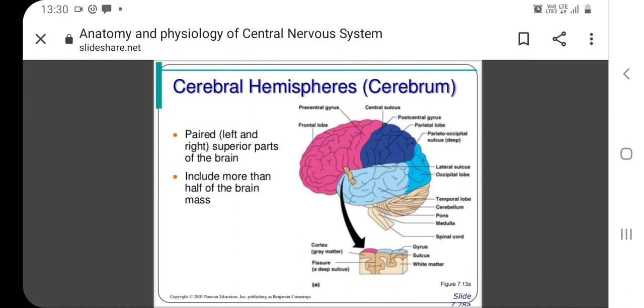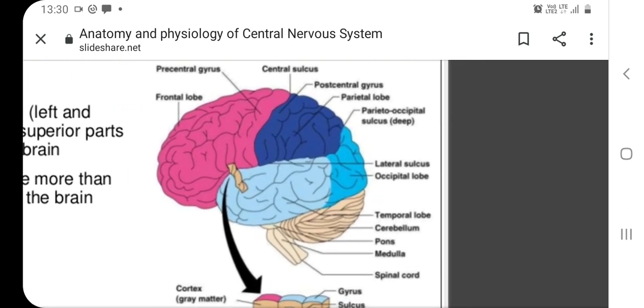It includes more than half of the brain mass, and it is divided into several distinct regions like the frontal lobe, the temporal lobe, the parietal lobe, the occipital lobe, likewise.